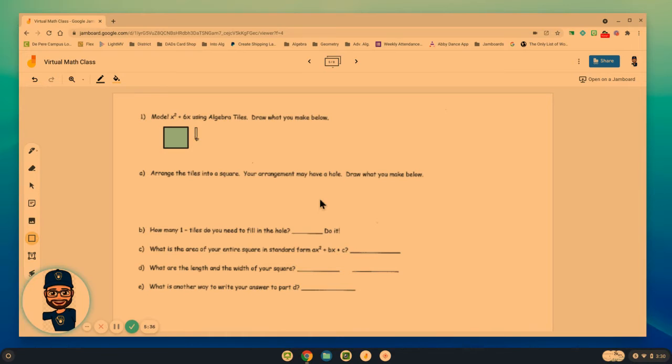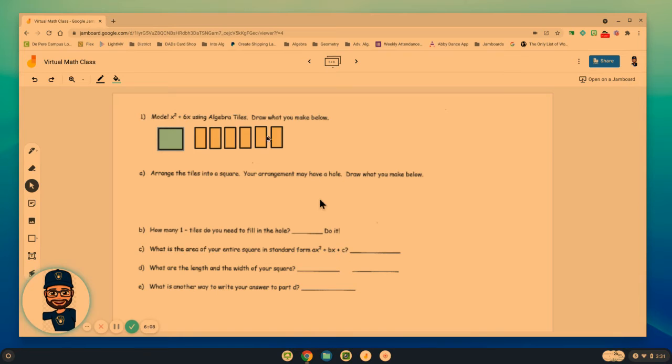We would draw 6 of these to represent the 6 x's. 4, 5, and 6. So there's my algebra tiles that help to represent. We've probably got to make this just a little bit bigger, but we'll figure it out.